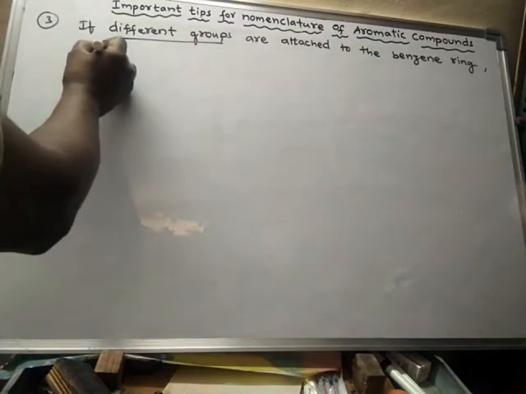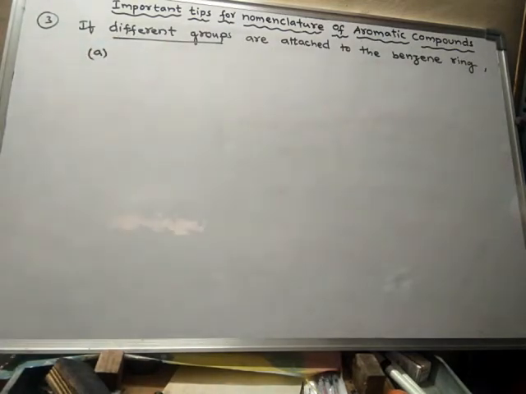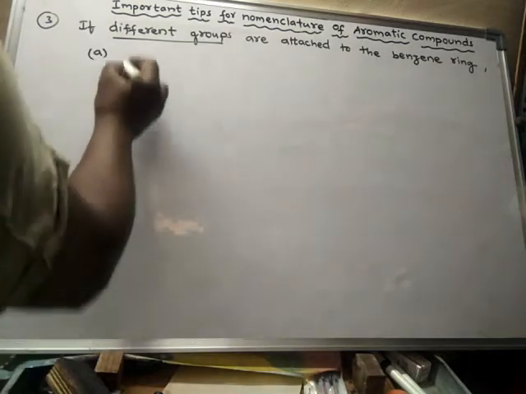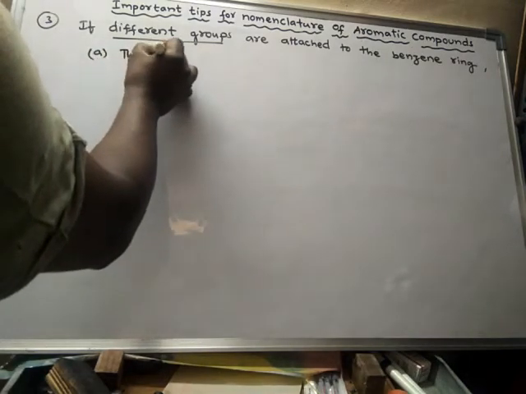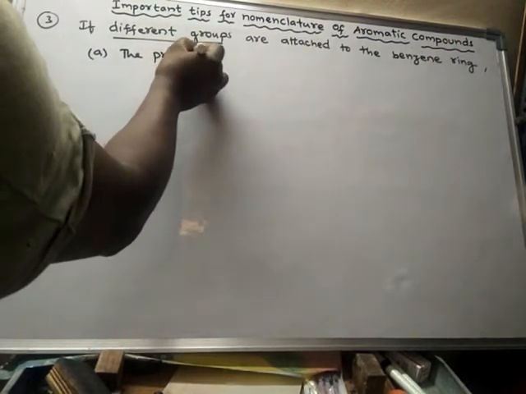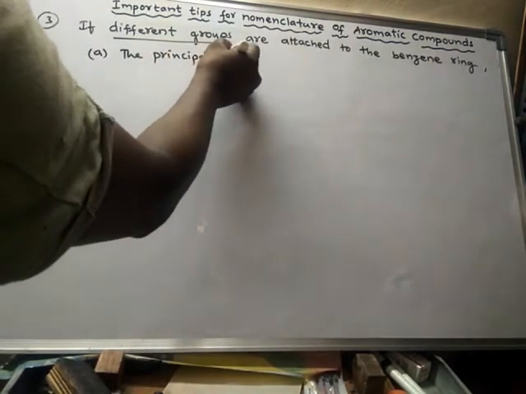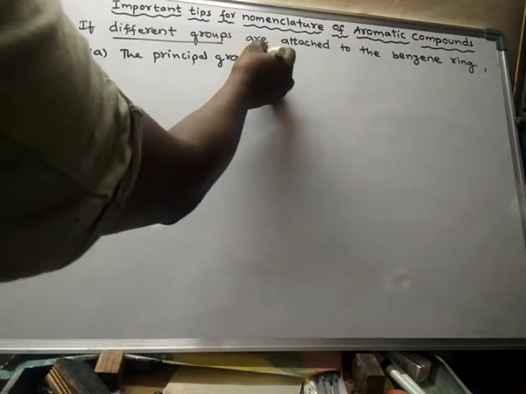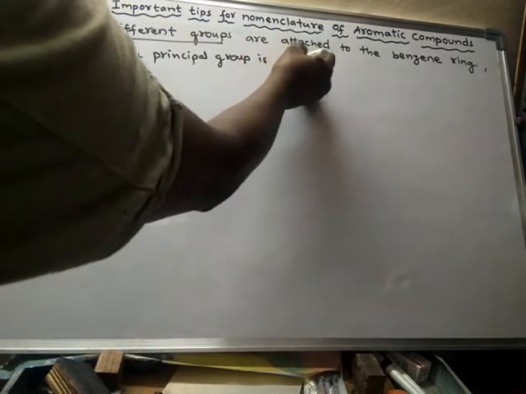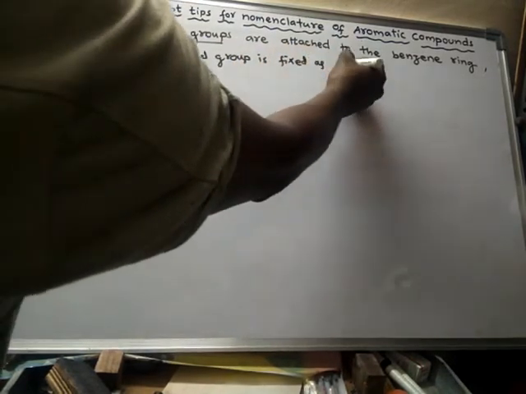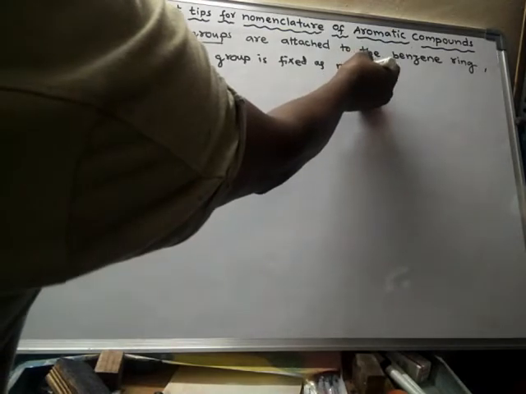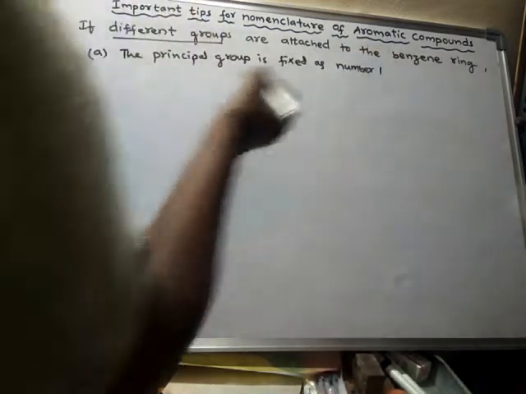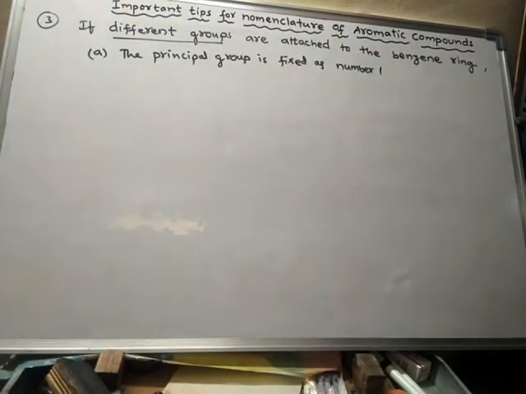See, first rule: the principal group is fixed as number 1.